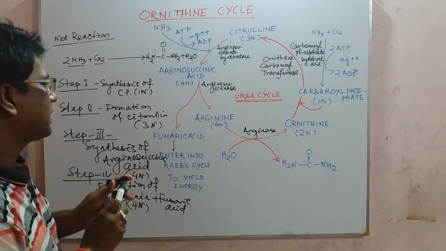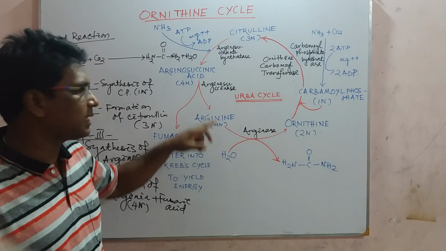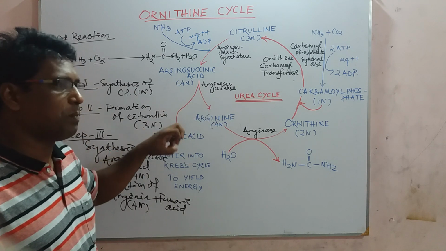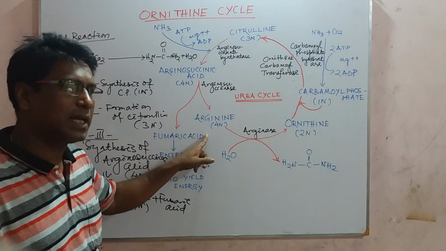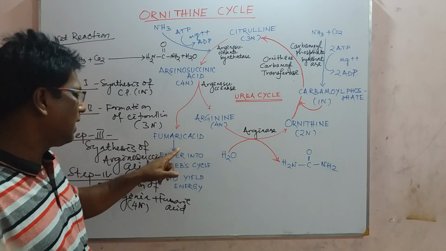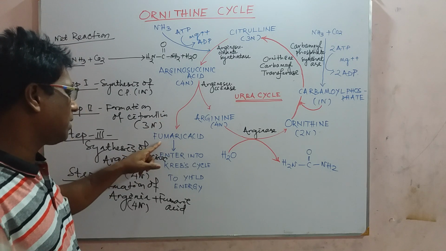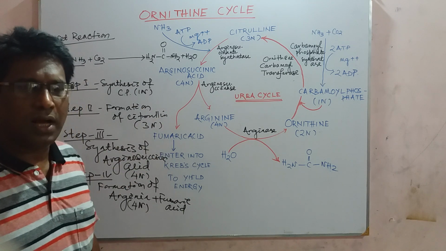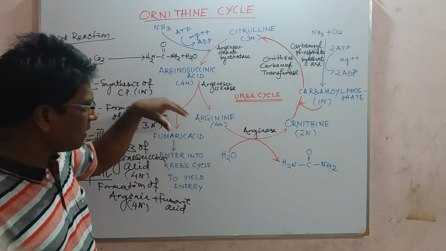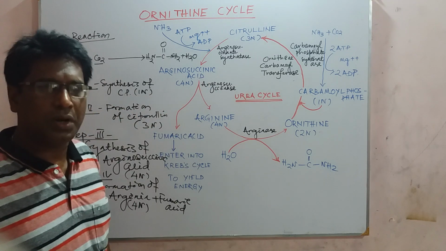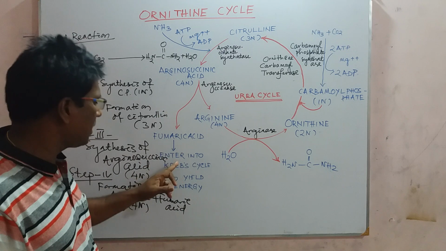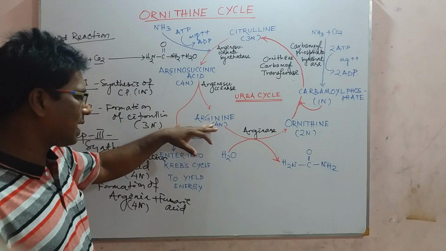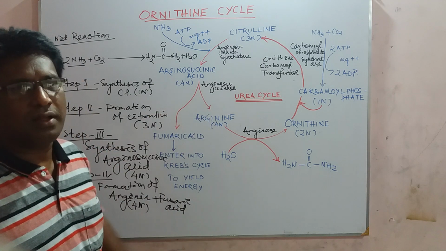So arginosuccinic acid 4N, in presence of the enzyme arginosuccinase, is split into two compounds. One is a nitrogenous compound, that is arginine, and it is also 4N, and another one is a carbon compound, that is fumaric acid. As this carbon compound has no role in the formation of urea in the ornithine cycle, it enters into the Krebs cycle to yield energy, and arginine enters into the urea cycle.